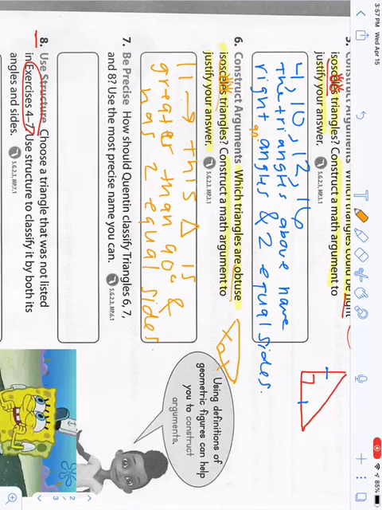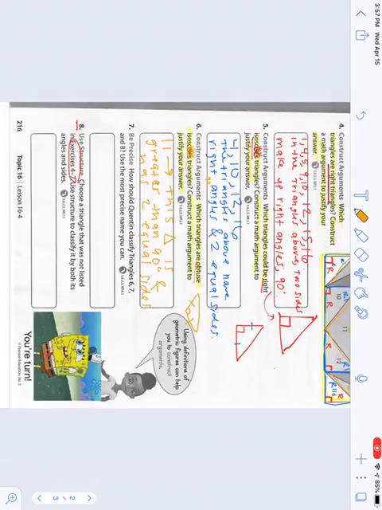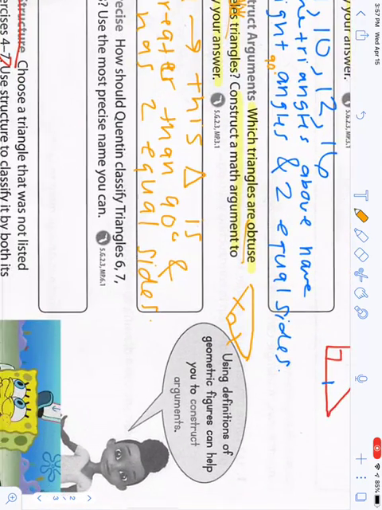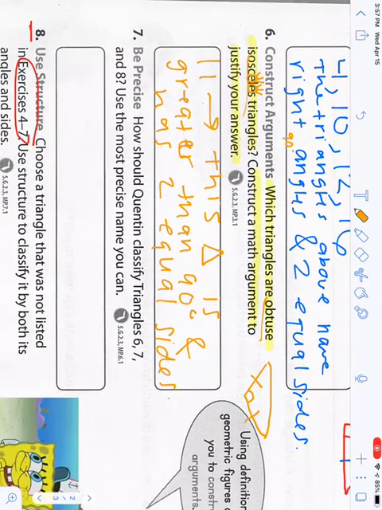Boom. I was able to back that up, saying that's how I knew it was obtuse and that's how I knew it was isosceles, because I could back it up, and I like having arguments when I have proof to back it up.